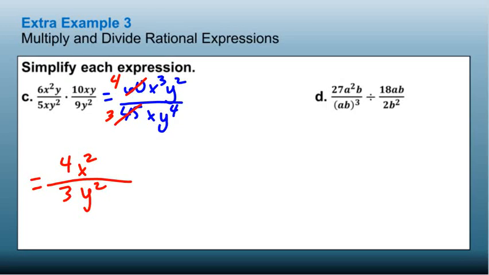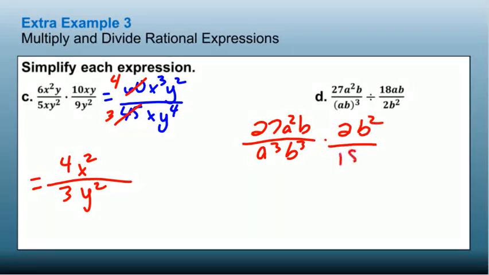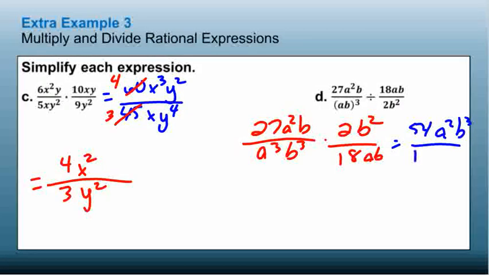Next, divide, so we're going to multiply by the reciprocal. So 27a squared b all over a cubed b cubed times the reciprocal of 2b squared over 18ab. Okay, do some simplifying. So this is 54a squared b to the third all over 18a to the fourth b to the third.